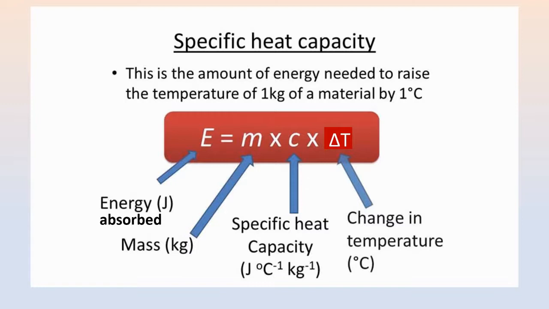And the formula for specific heat capacity is E equals m into C into delta T. E is the energy absorbed, which is in joules, m is mass in kg, C is specific heat capacity, which is joule upon kilogram degree Celsius, and delta T is the change in temperature, which is measured in degree Celsius.